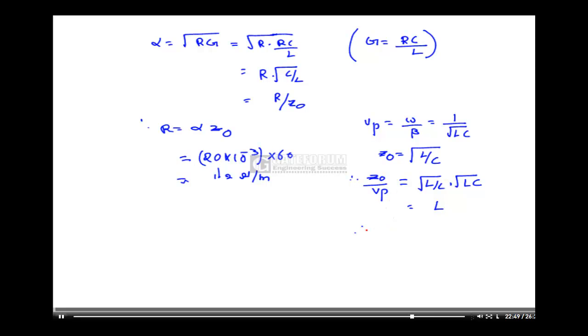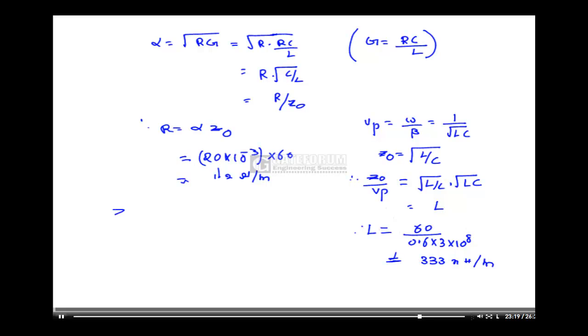So therefore L is equal to Z naught 60 by phase velocity 0.6 into 3 into 10 power 8 meter per second. So if you calculate this, you will get 333 nano henry per meter.